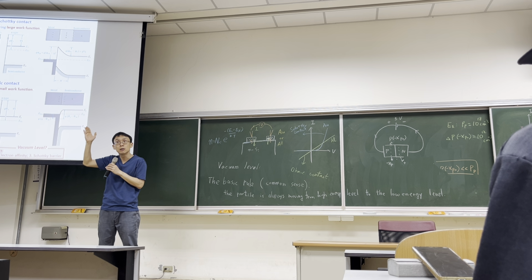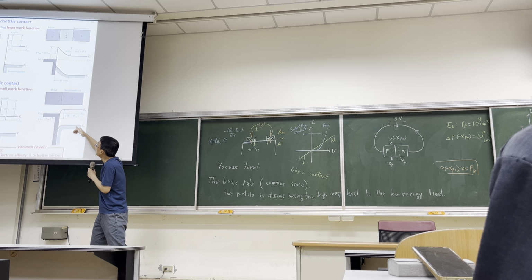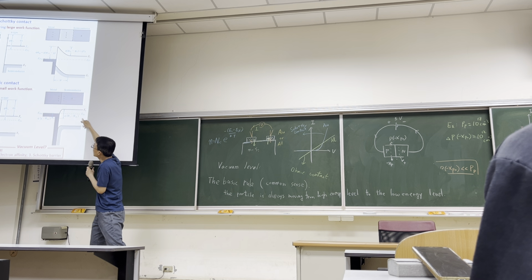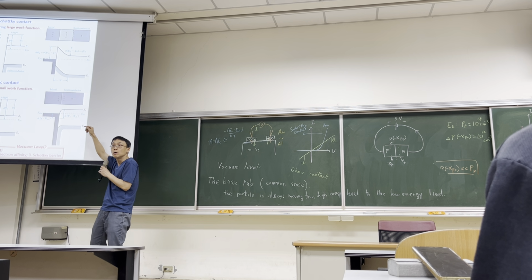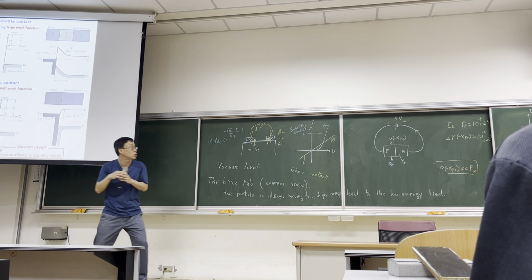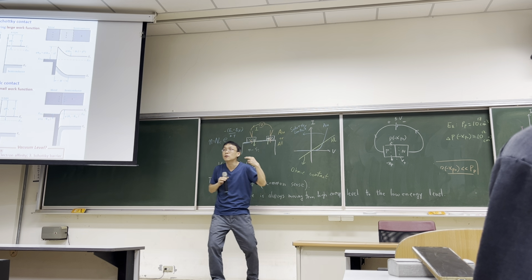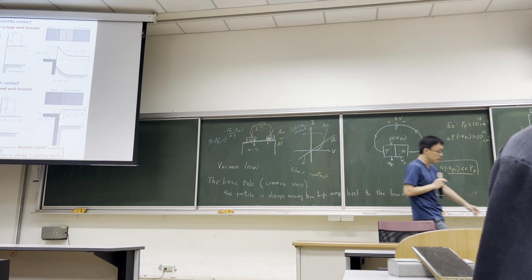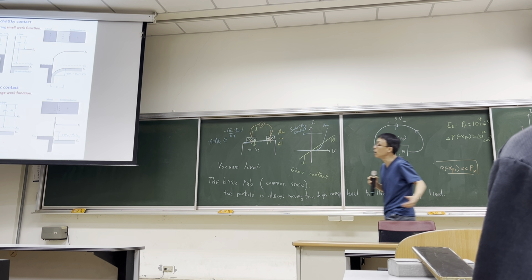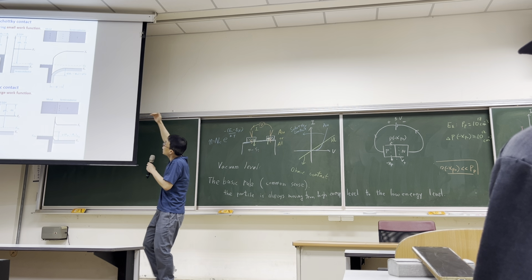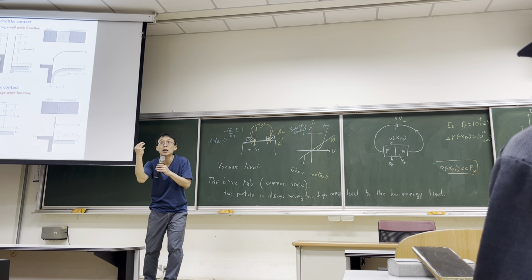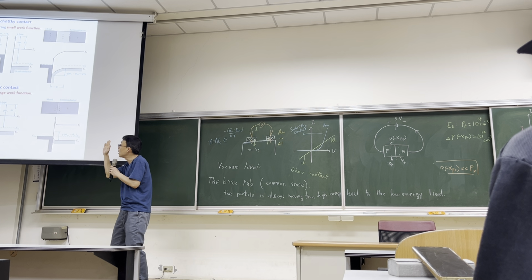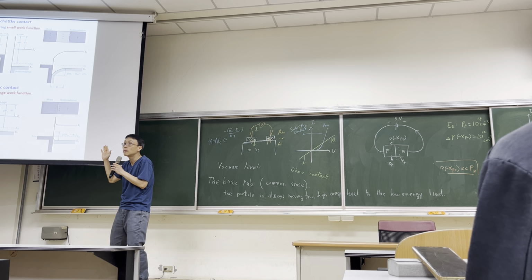That's the key. Because bending down makes an ohmic contact for N-type. Bending up makes a Schottky contact for N-type, right? For P-type, bending down makes Schottky. Bending up makes ohmic, right?